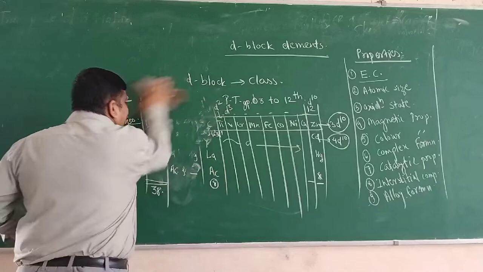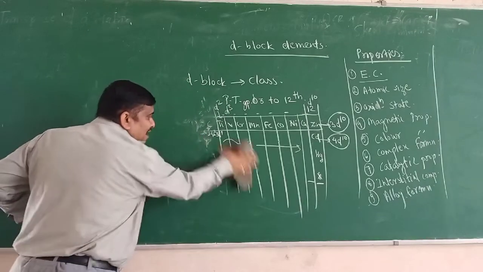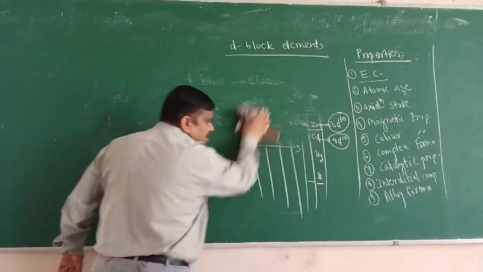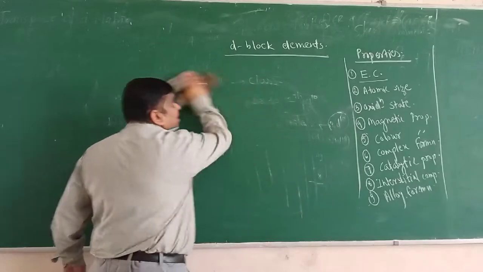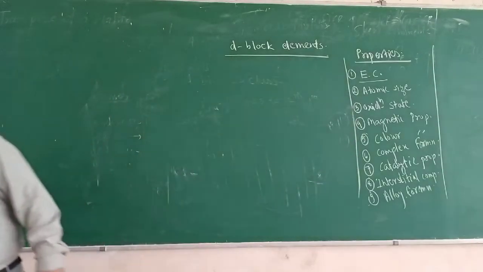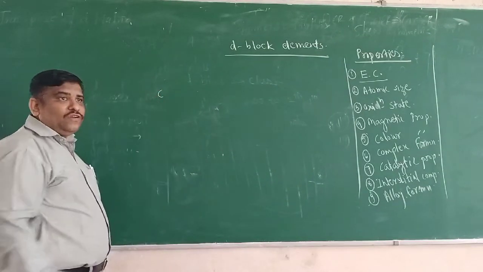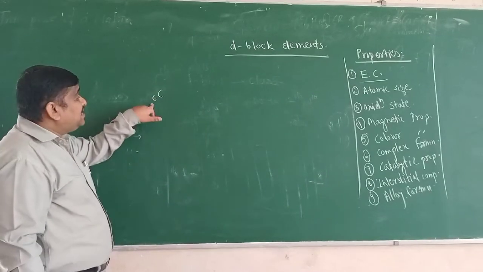In the electronic configuration, you know it is the distribution of electrons in the subshells or in the orbitals. For example, carbon is the element having how many electrons? 6 electrons.